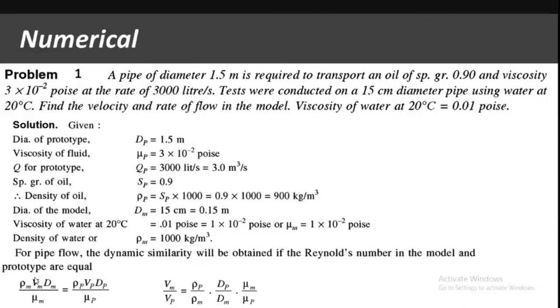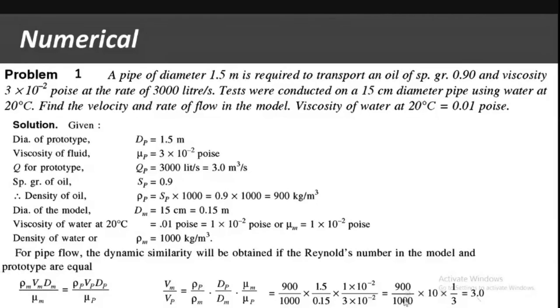ओके, तो आपको यहाँ पे सारे वैल्यूज पुट करने. सो वी कैन रिराइट दिस एज, प्रोटोटाइप का वेलोसिटी डिवाइड किया और इन सबको इधर डिवाइड किया है. सो रो पी अपॉन रो एम, सो 900 अपॉन 1000, then diameter of prototype 1.5 meter था, diameter of model 15 centimeter, that is 0.15 meter था. यहाँ पे वाटर का विस्कोसिटी 1 into 10 power minus 2 और प्रोटोटाइप का विस्कोसिटी 3 into 10 power minus 2.